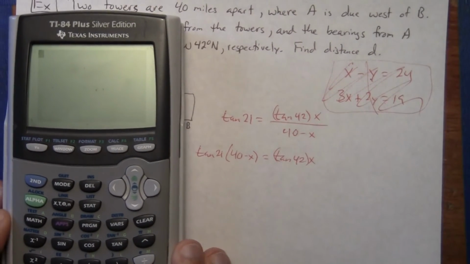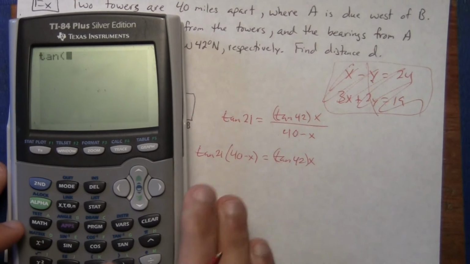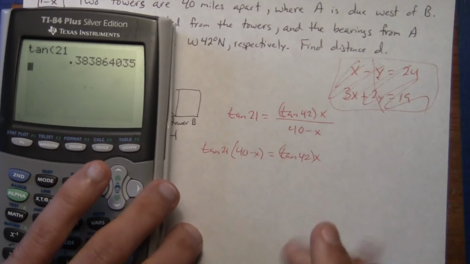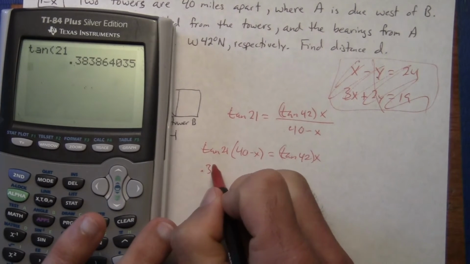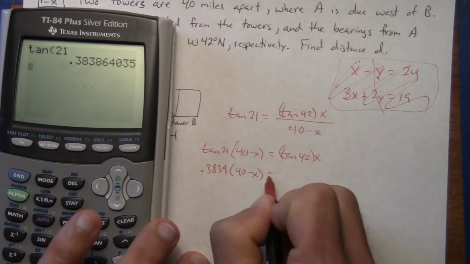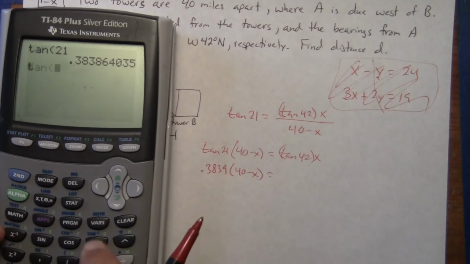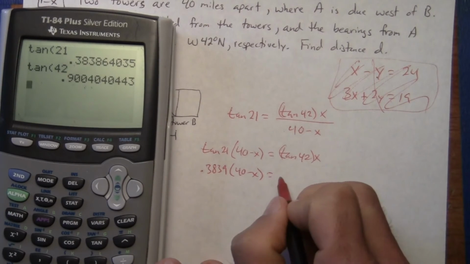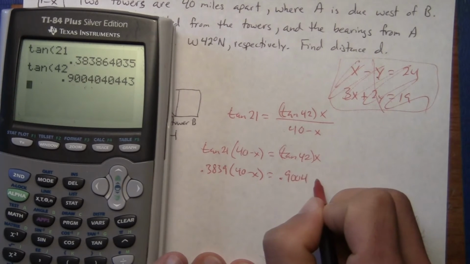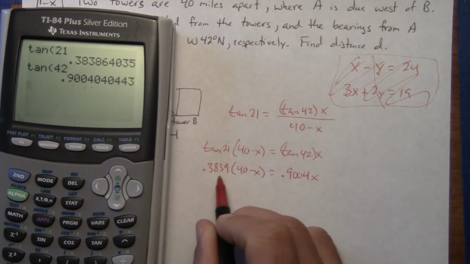So tangent of 21 is going to be, and like I said, I would probably go out 4 decimal places, 0.3839 times 40 minus x is equal to the tangent of 42. And again, going out 4 decimal places is 0.9004x. I'll go ahead and distribute.